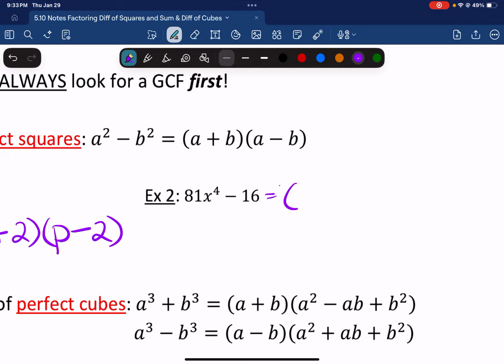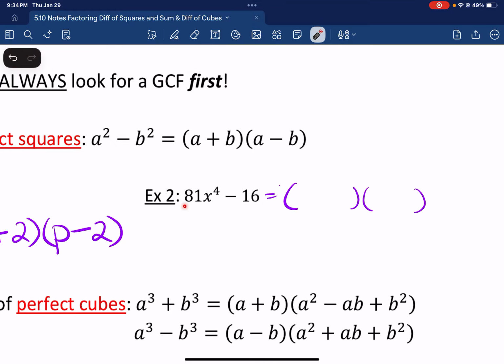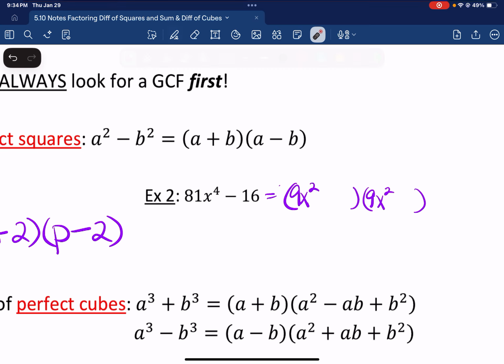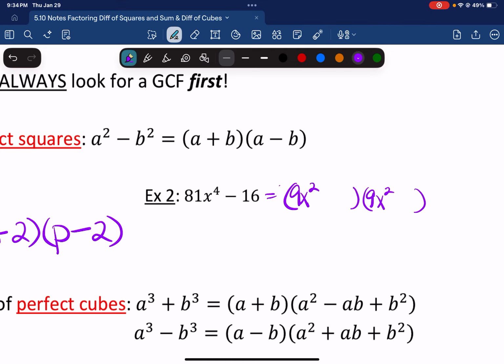So let's go ahead and set up our binomial factors. One more time, what number or expression times itself makes 81x to the 4th power? That would be 9x squared and 9x squared. Okay, what number times itself makes 16? That would be 4 times 4.